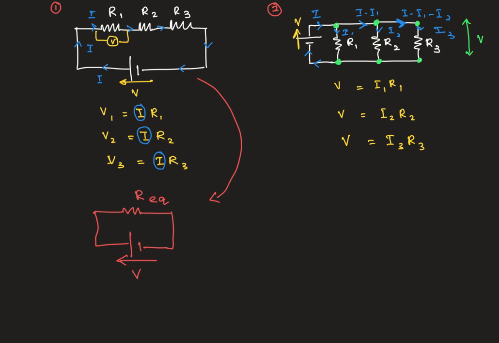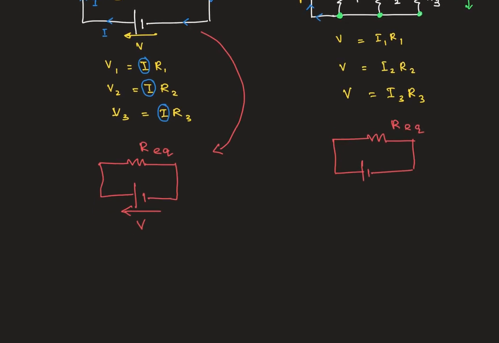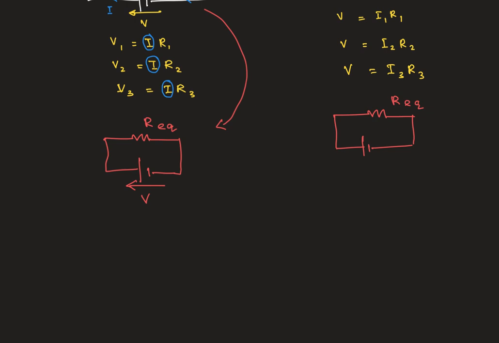The equivalent circuit for the parallel one would also look the same. However, finding the equivalent resistance for the circuit with series resistors is different from the parallel version.